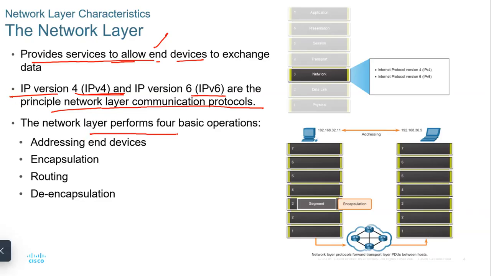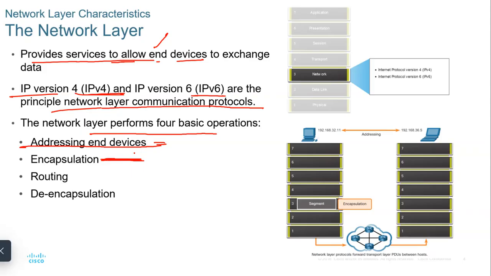So the network layer performs four basic operations. First, addressing end devices: the end devices have to be assigned an IP address. Then encapsulation. Once the network layer receives a frame, the frame has to be checked: the source MAC address, then the destination MAC address.